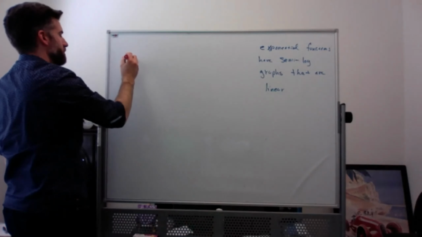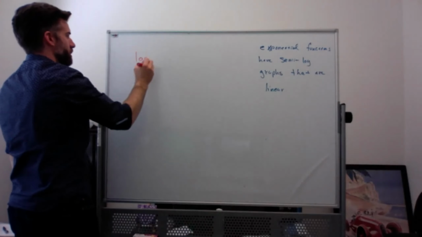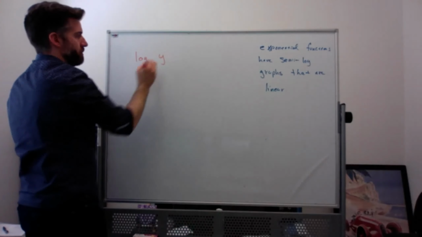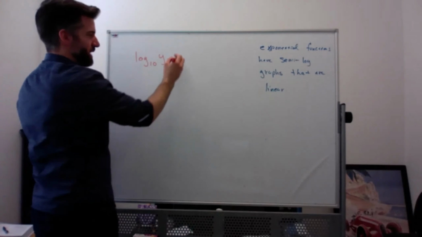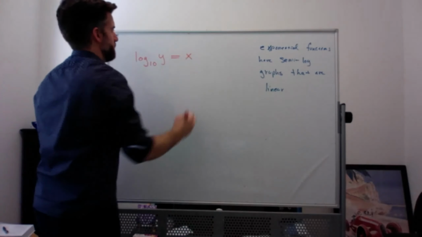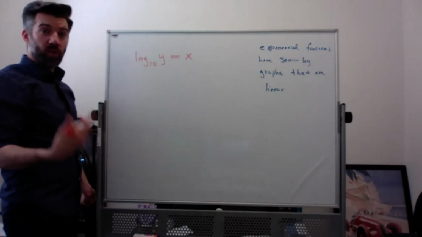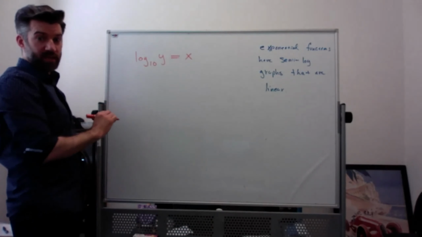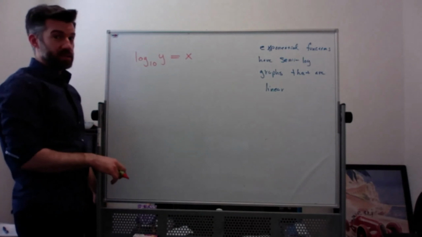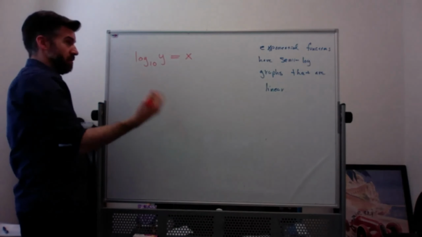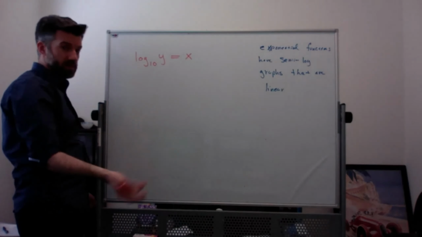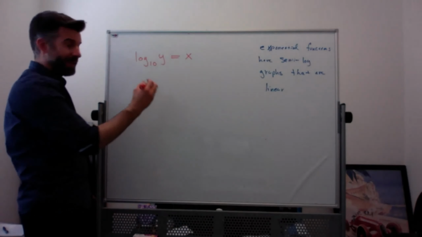So log base 10 of y. I'm going to say that's equal to x for a second. Now I'm going to rewrite this equation as an exponential equation. What's the base? 10.